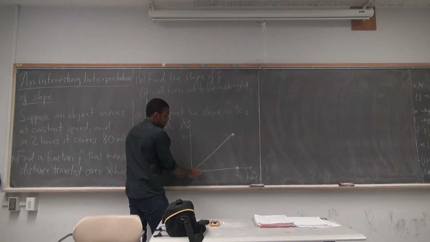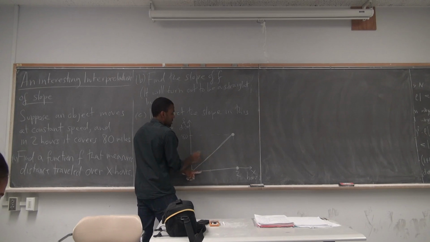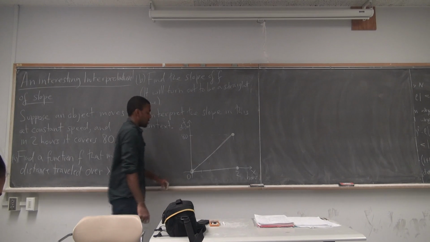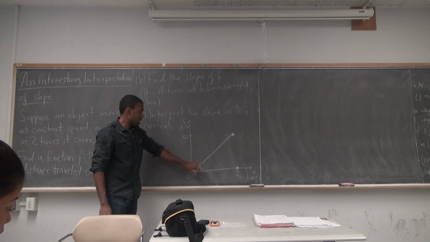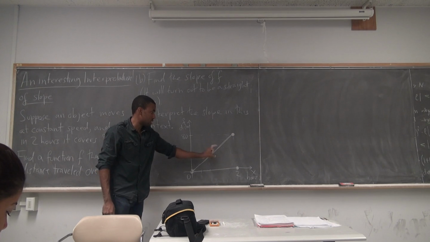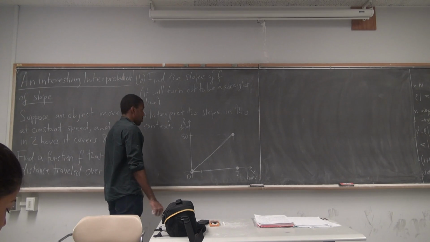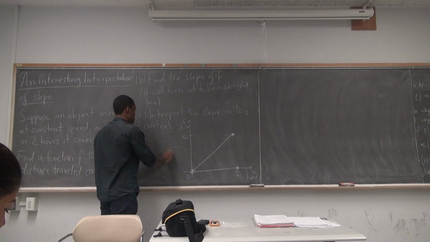As it moves, it will cover a certain height. And it keeps moving, but it will cover an equivalent height as it keeps moving. Every time I move a unit here, it will correspondingly move a unit here. The same unit will correspond to the same amount of increase. So I'll end up with a straight line. What would this function look like?